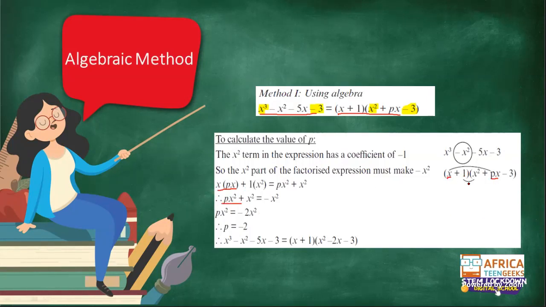If you multiply 1 and x, you will get x squared. Then if you equate what's on your right-hand side to what's on your left-hand side, you can solve for p. In this case, p equals -2. Then you can substitute it back into your equation. This is the algebra method, or inspection. But use a method that works for you. Do you guys understand?